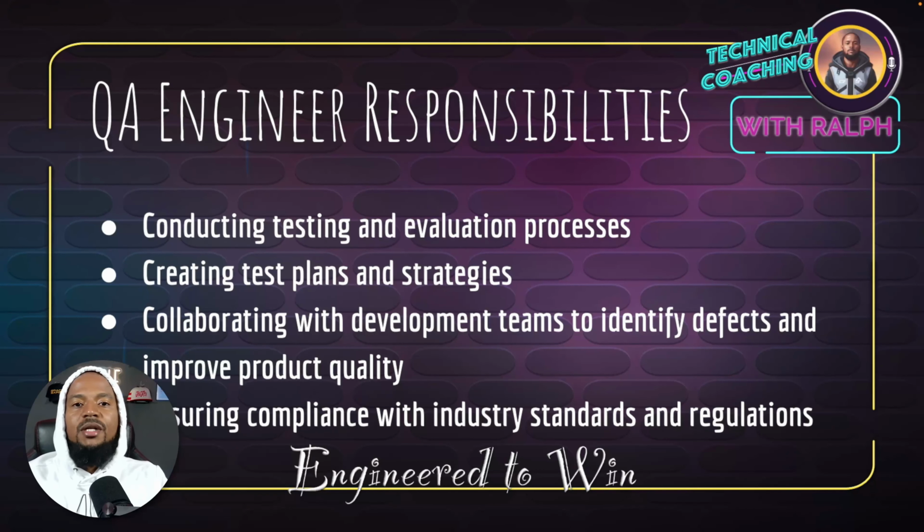So, what are the responsibilities of a QA engineer? QA engineers conduct the testing and evaluation process. And by that, once the software is built by the developers, it goes into a stage of ready for testing. And then we are running various tests on the software.